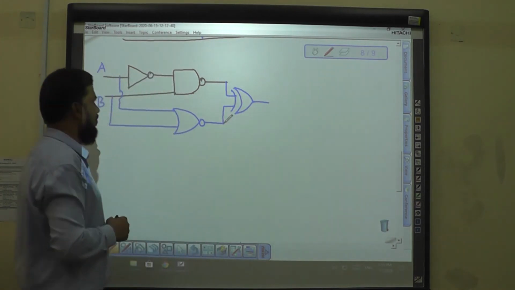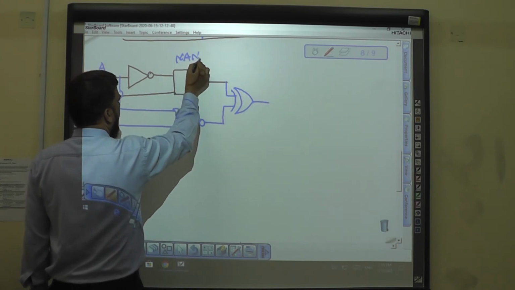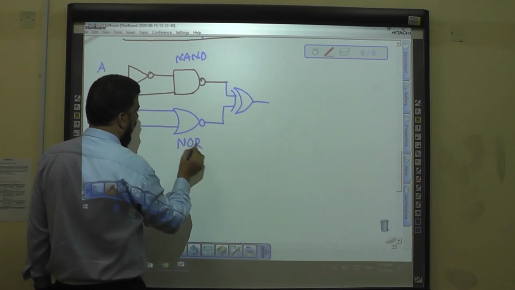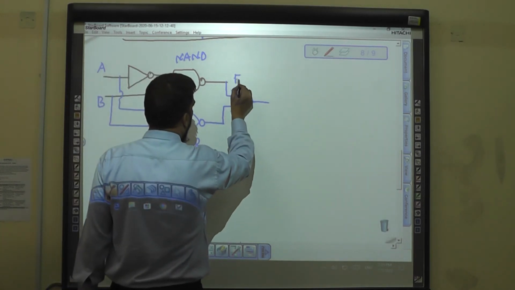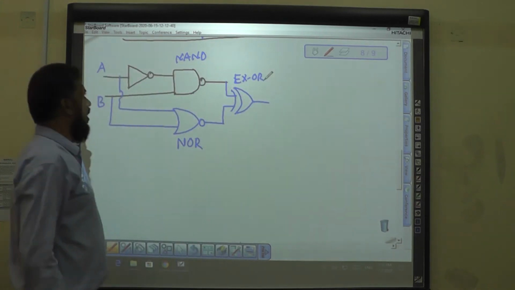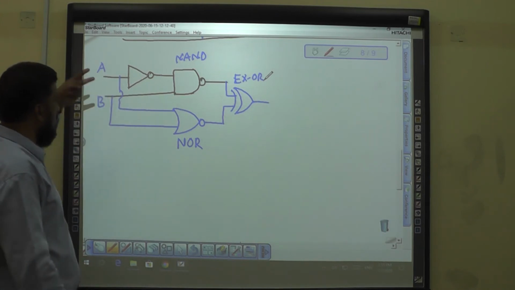NAND, NOR, XOR. And listen, we have only two inputs.